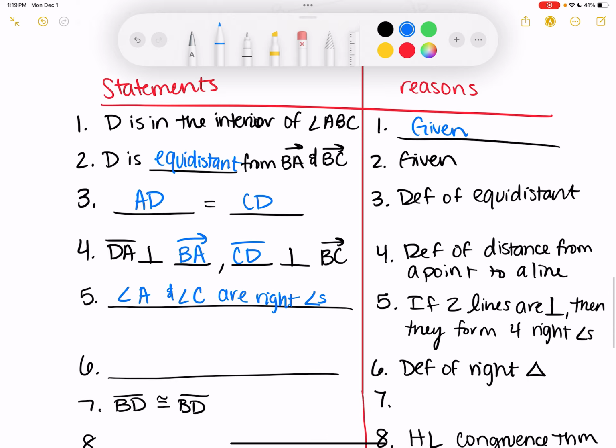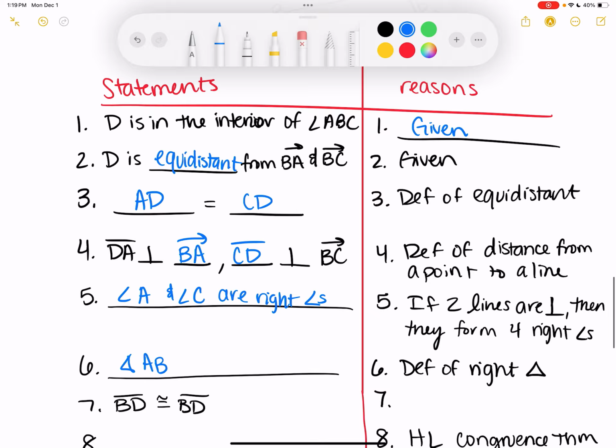Is that what the next one will be? No, because the next reason is the definition of right triangles. So if the reason is the definition of right triangles, what probably needs to be over here? Something about triangles being right triangles. So what would my two triangles be? Yep.